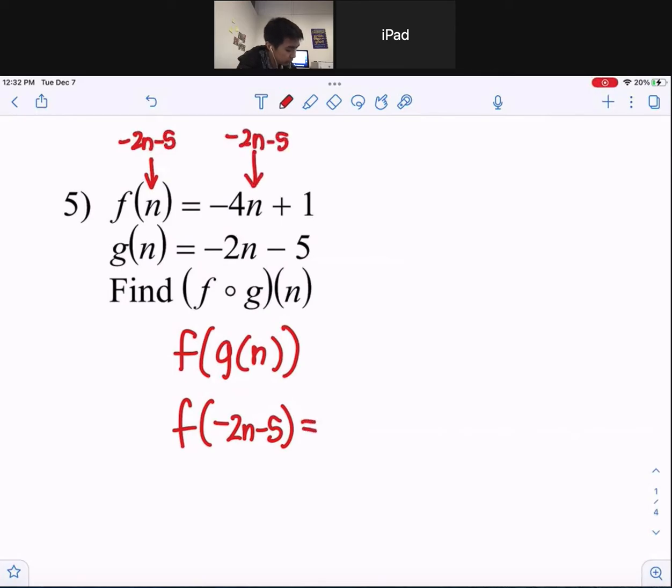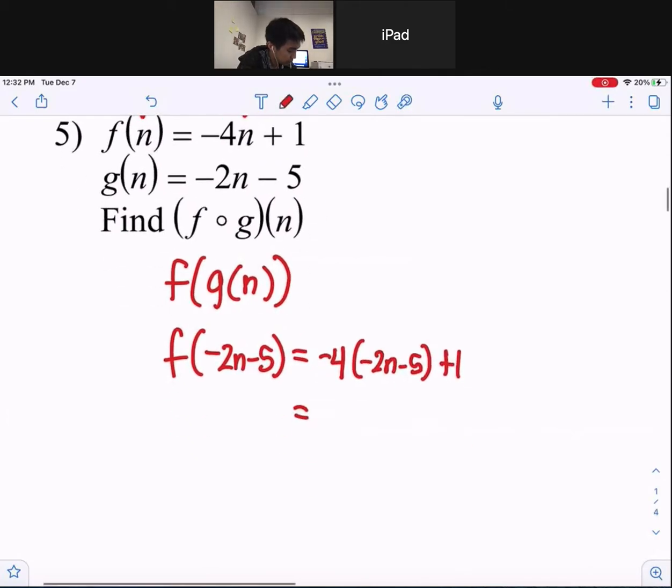So equals negative 4, right? This n is now this, so times negative 2n minus 5 plus the 1. So negative 4 distribute, so we get 8n plus 20 plus 1, which is 8n plus 21.